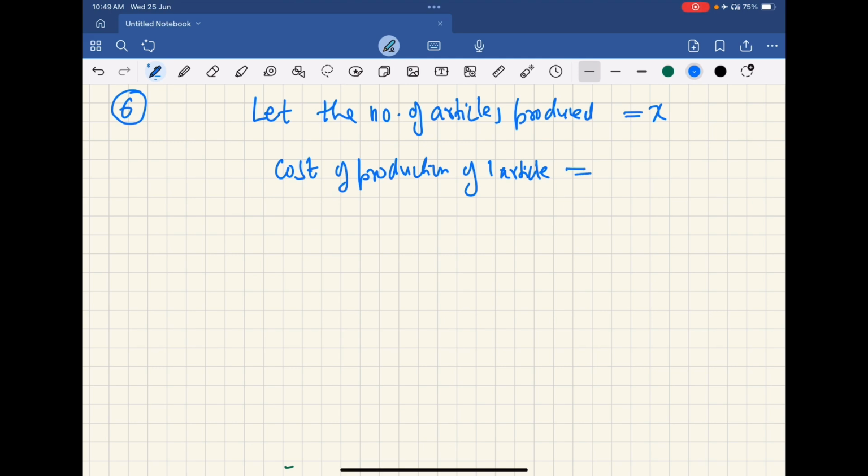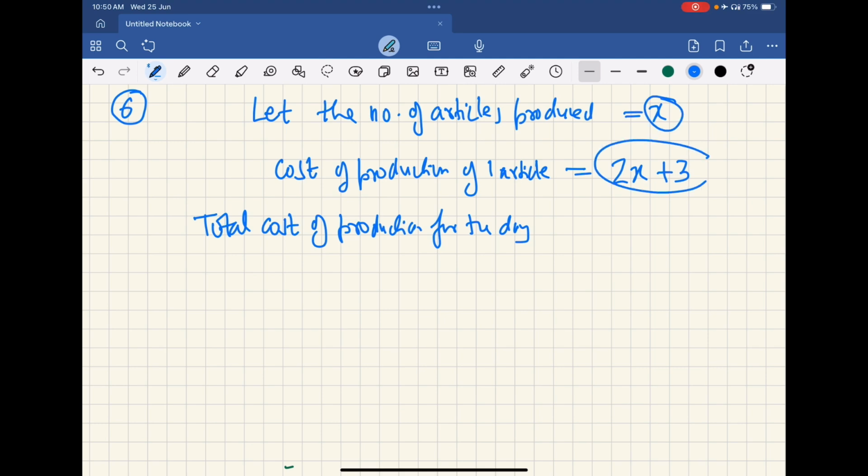So articles produced are x, so twice of that would be 2x, and it is saying 3 more, so that means 2x plus 3. So the question is saying that the cost of production of one article is 2x plus 3. Now if I want to find the total cost of production for the day, it is the number of articles into the cost of one article.